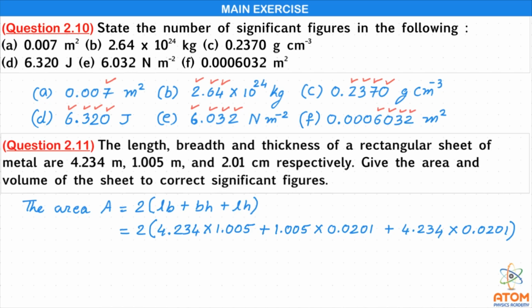Then L, that is 4.234 again, and H, that is again 0.0201. Solving these values, we will get here 4.25517. Here this is 0.020205, and here we will get 0.0851034.